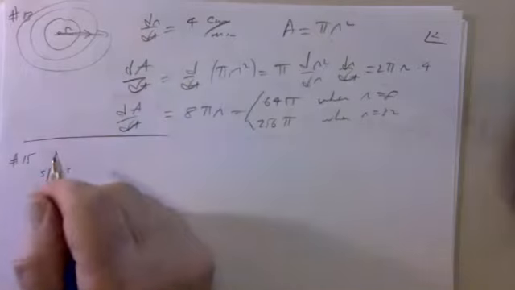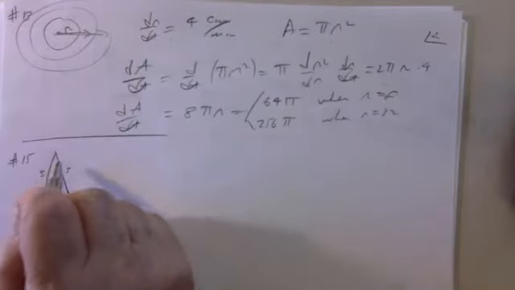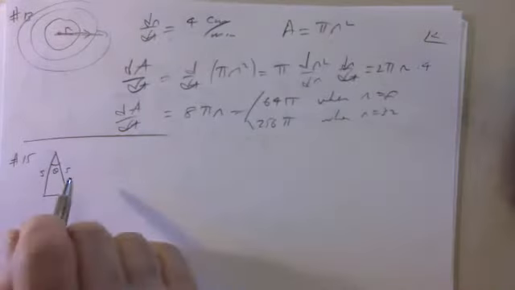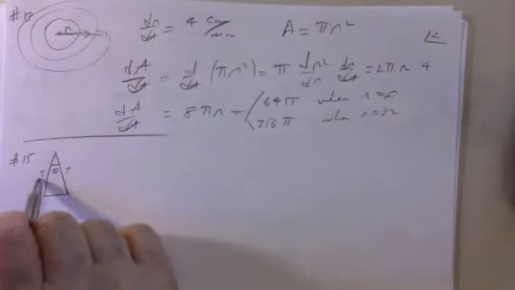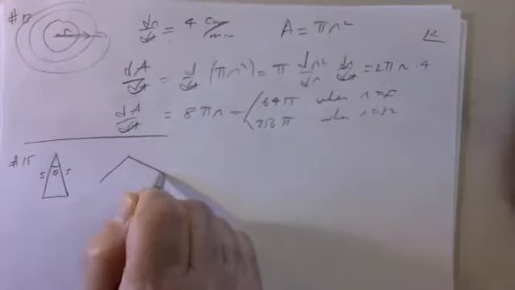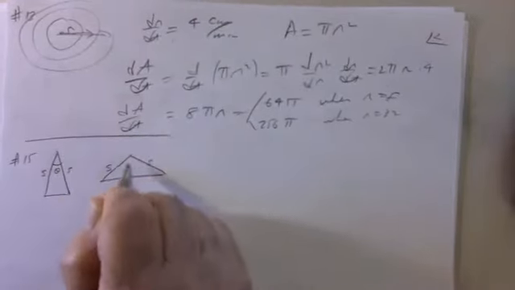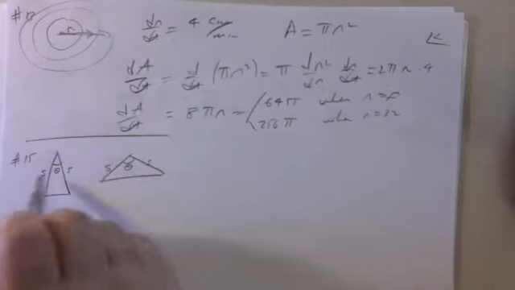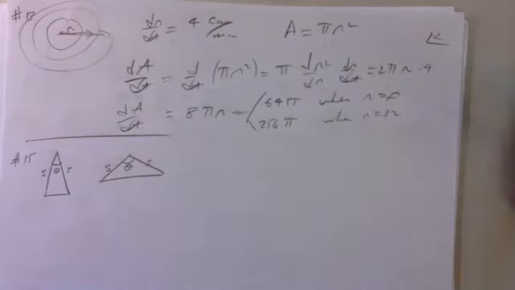But the angle between the two sides is theta. Now you can keep the length of the sides S constant, but you can increase theta. This is still an isosceles triangle, but this included angle is changing.